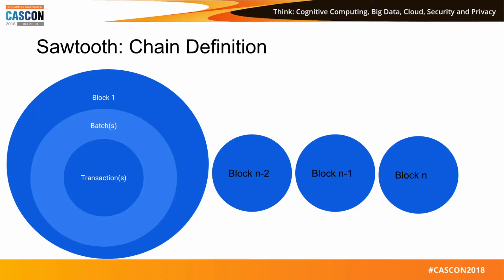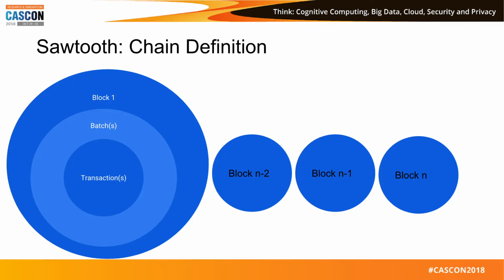Something important that I also want to point out is that Sawtooth has a somewhat different format related to the chain. You can see the blockchain is a chain composed of multiple blocks, but on Sawtooth, those blocks are structured in a quite different way.